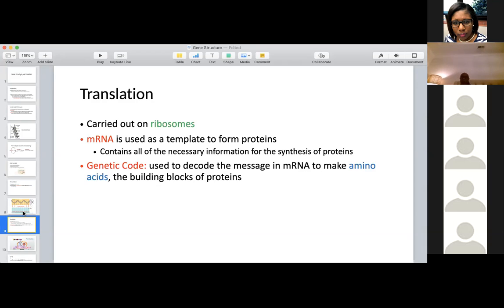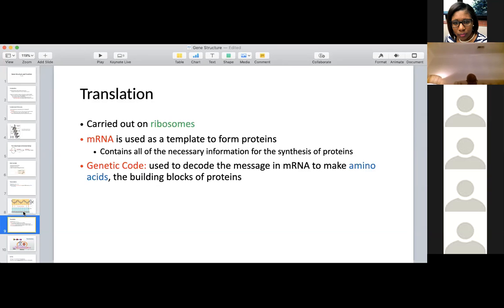So the information that you should be grabbing right now is, A, what is translation? Translation is the process in which messenger RNA is used to create a protein. Where does translation take place? It takes place in the cytoplasm on ribosomes. Your answer has to include ribosomes. Translation takes place on ribosomes.